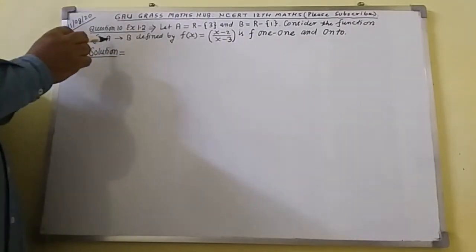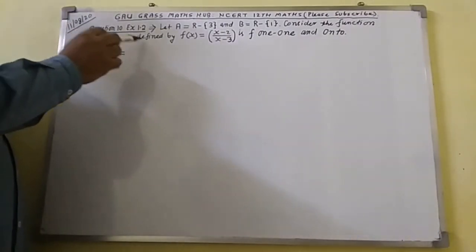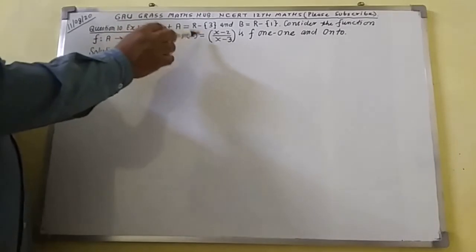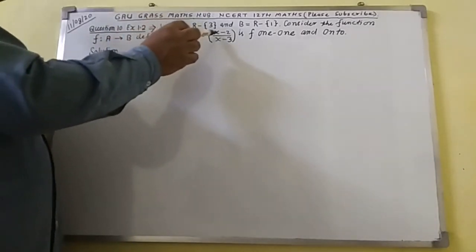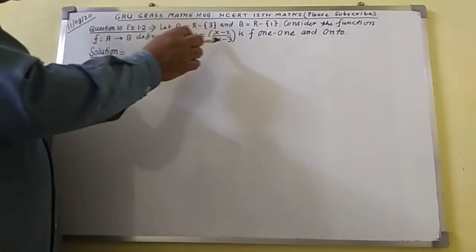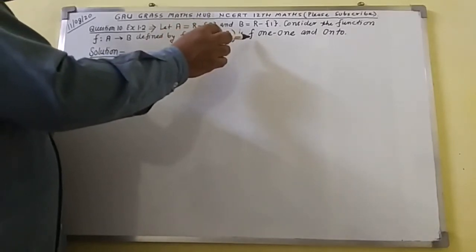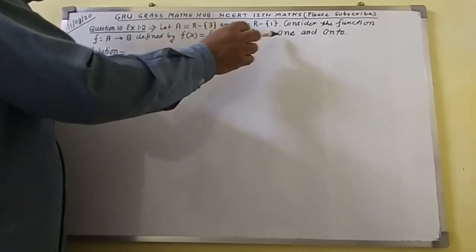Consider the function f from A to B defined by f(x) = (x minus 2) over (x minus 3). Is f one-one and onto?